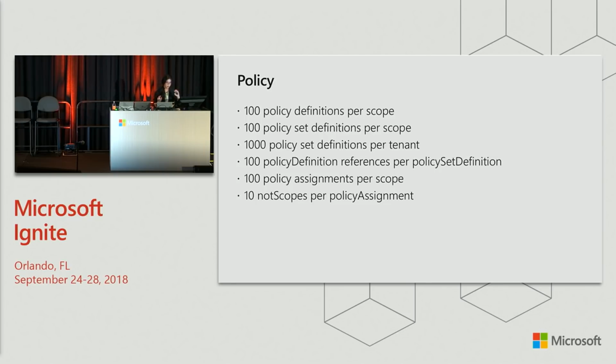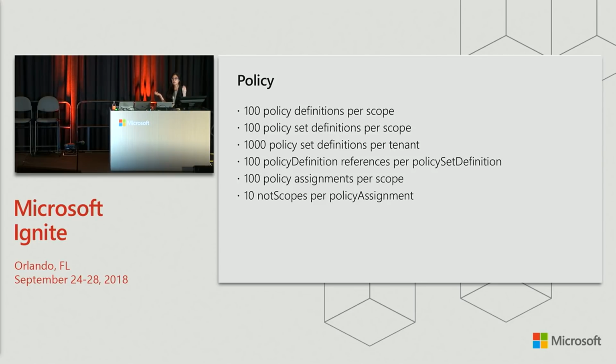It's fully documented, but in terms of the number of policies that you can have in a given scope, where a scope is a resource group, subscription, or management group, you have a limit per scope. We can have up to 100 policy definitions, as well as 100 policy sets, which are initiatives, with 100 policies within an initiative, and then 100 assignments.